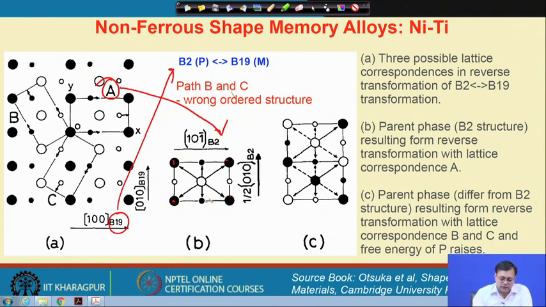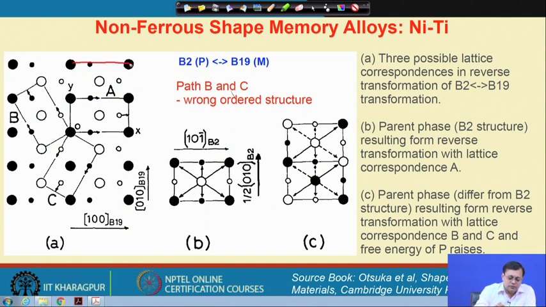So, here are the atoms, and this is another one, this is the alternative position of this atom, and this is another 4 atoms. So, this is the ordered structure, and it is the half 010 direction of B2. So, we basically get back the initial ordered structure, the parent structure.